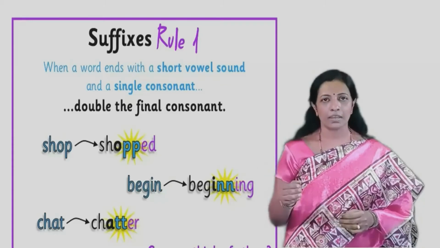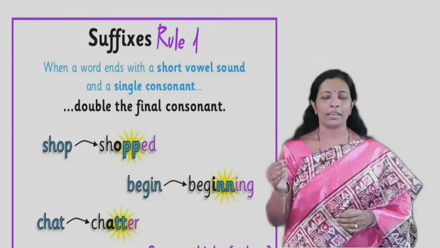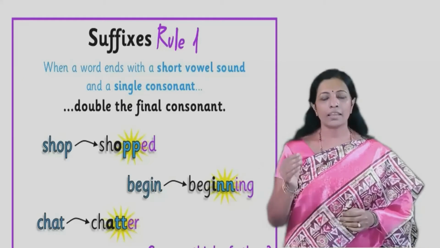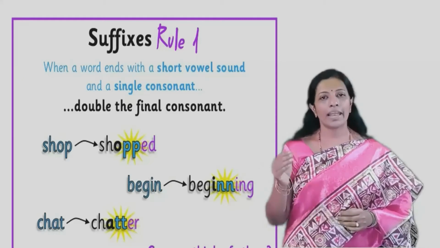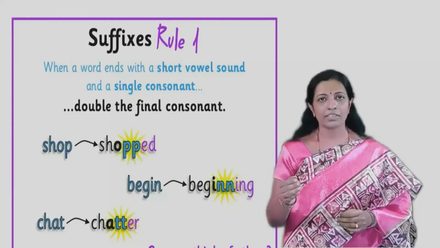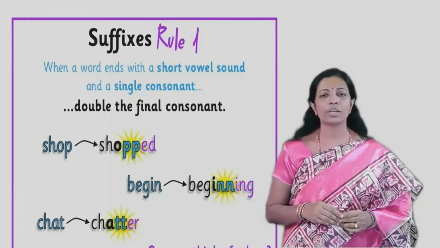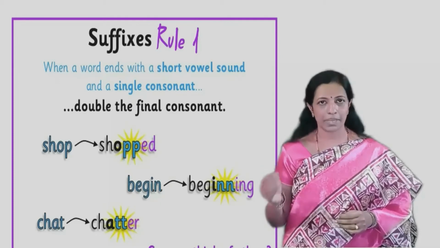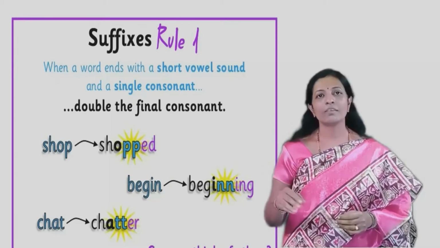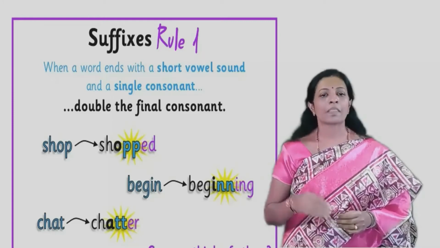Similarly, begin, I-N are the ending letters of the word begin. I is the short vowel sound and N is the final consonant. When we add the suffix ing to this root word, we get the new word beginning, and the last consonant N is used twice here.